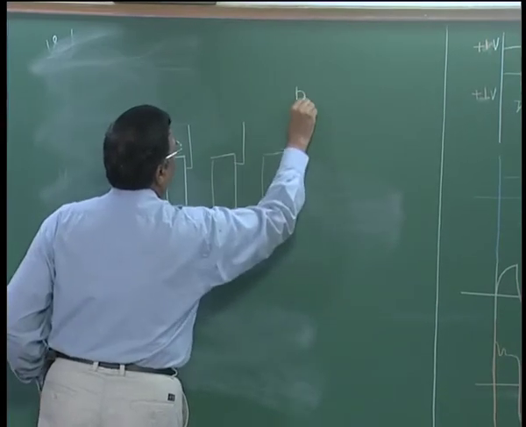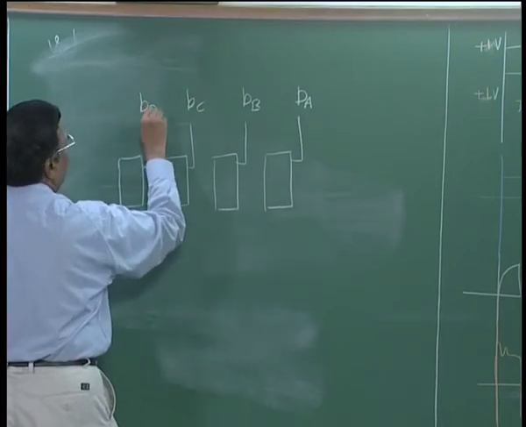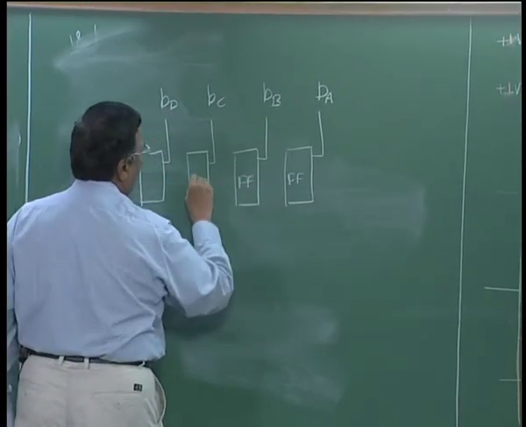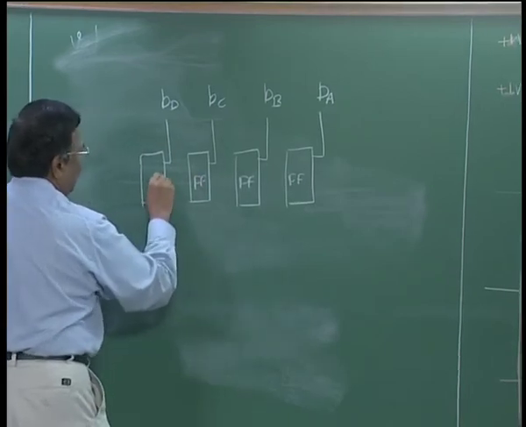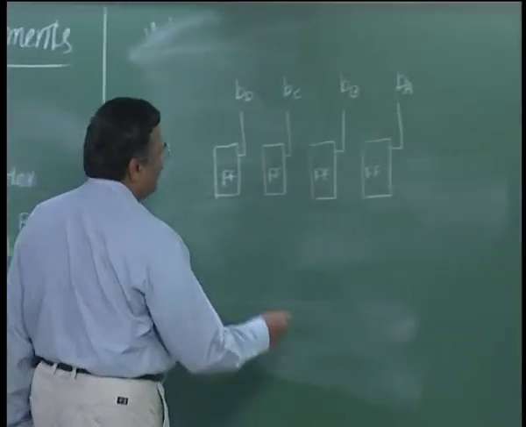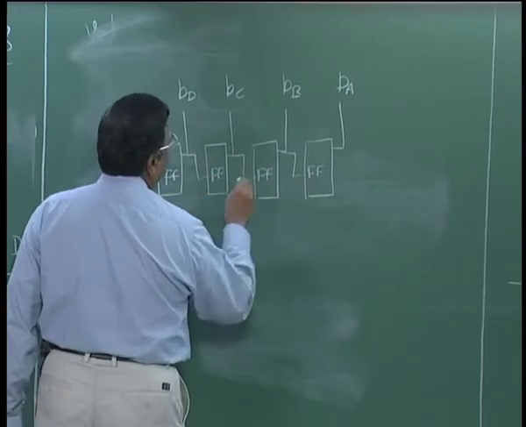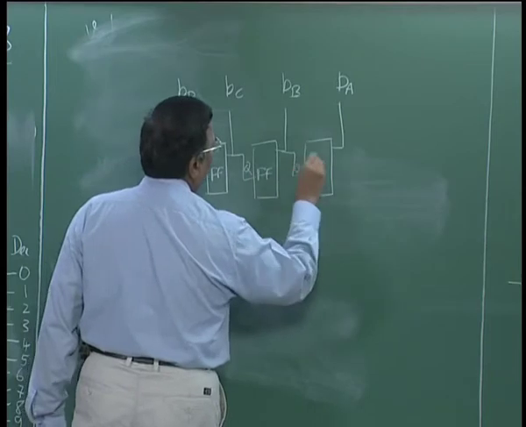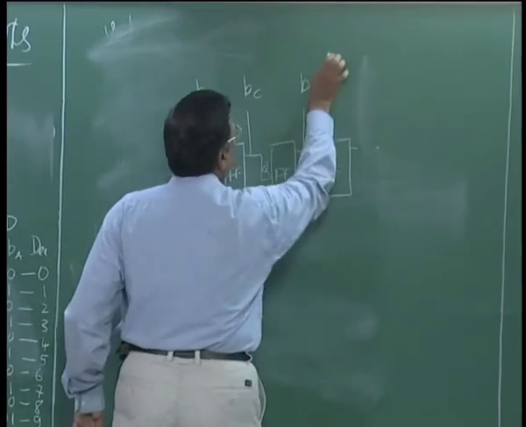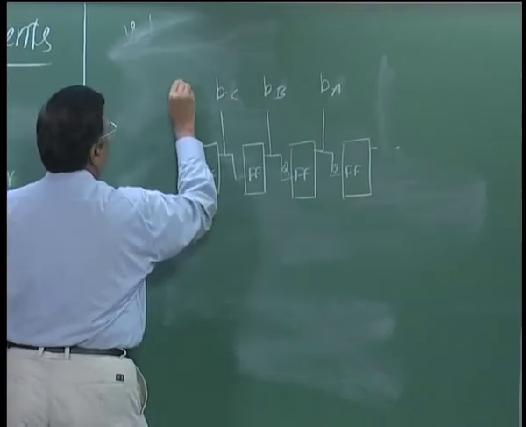So, this is bit A, bit B, bit C, bit D, and for each one in the binary system I need a flip flop to take care of each bit. Now, if I connect these flip flops in a daisy chain, I take the Q output of the flip flop. Oh, I think I made a mistake. B A, B B, B C, and this is B D.